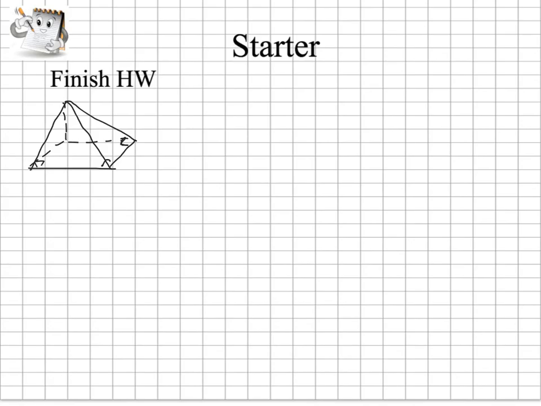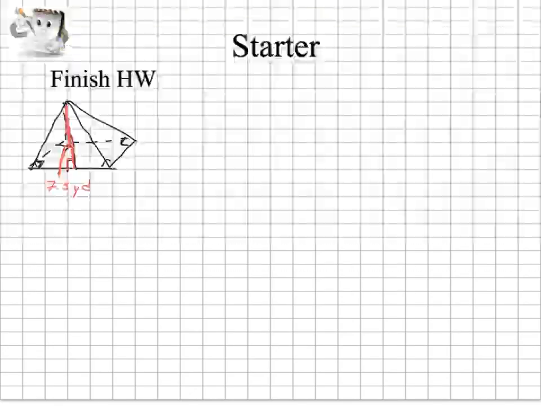All four of these, it said, were right angles. It also said that this slant length here, I'll do this in a different color, this slant length here was 7.3 yards, and this slant length here was 7.8 yards.